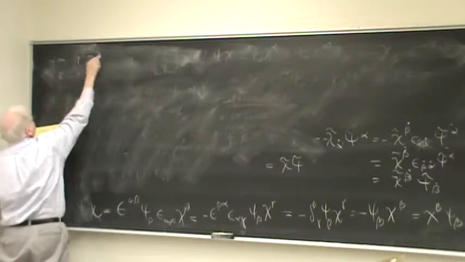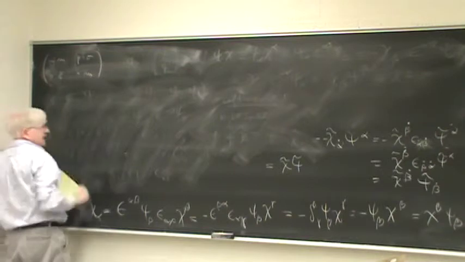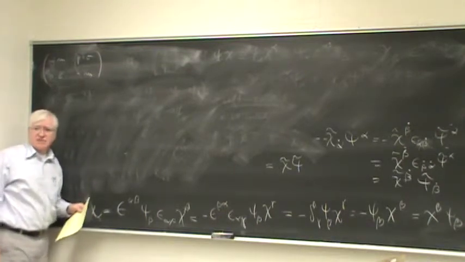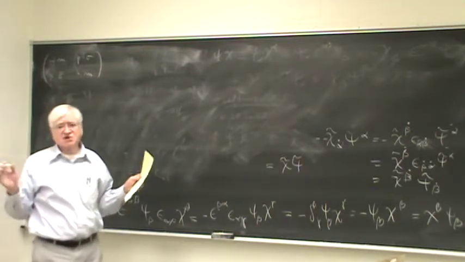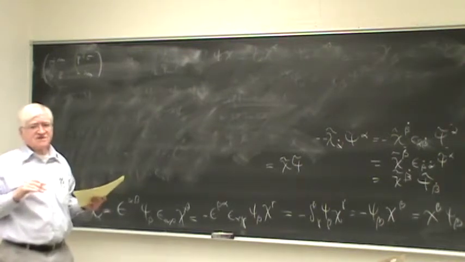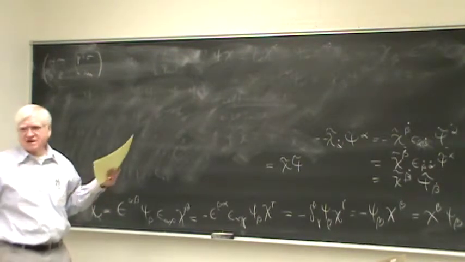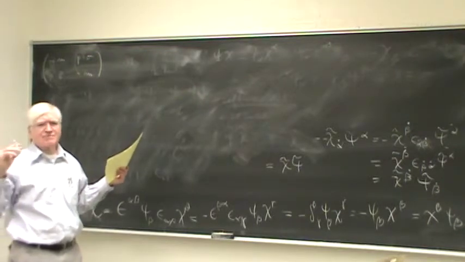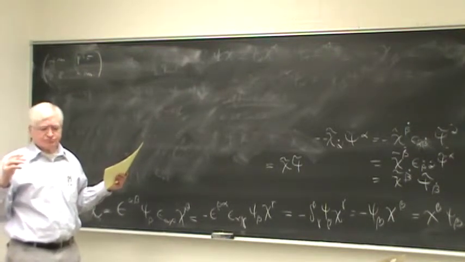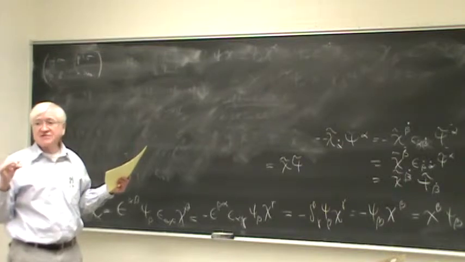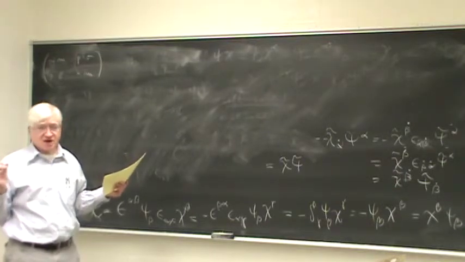bar, minus M. By the way, I put a new homework assignment on the web page over the weekend. It's to do part B of 10 point something, 10.5 maybe. Part B is, I think, pretty simple and instructive.